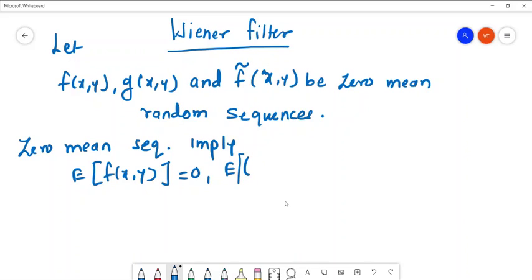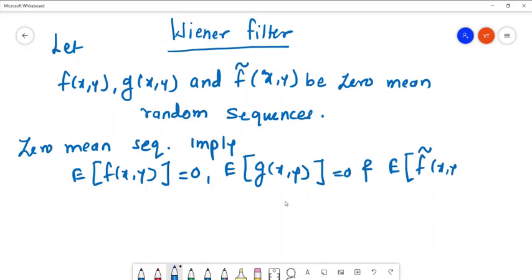Similarly for g of xy, the expectation is 0, and f tilde also 0.